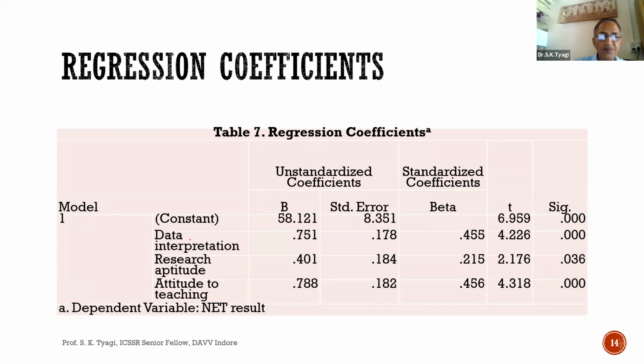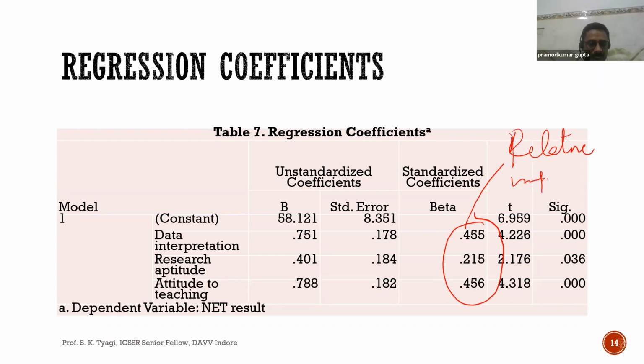So, for interpreting which variable is more important, more successful in predicting the dependent variable, these will be used. These are the relative importance of these variables in predicting the dependent variable.